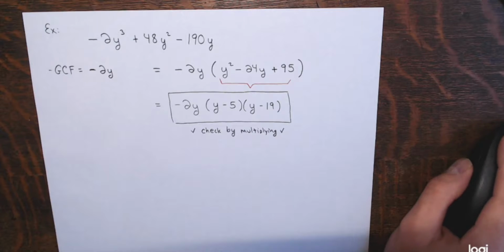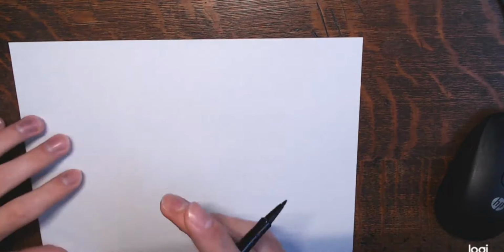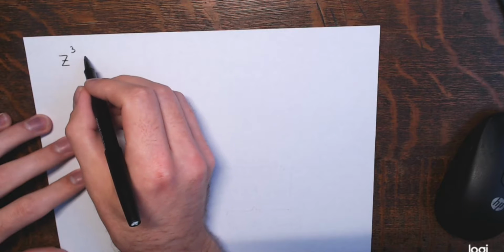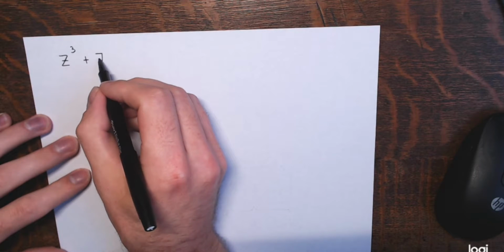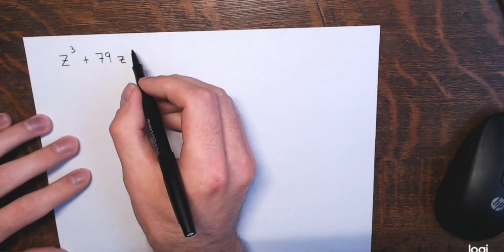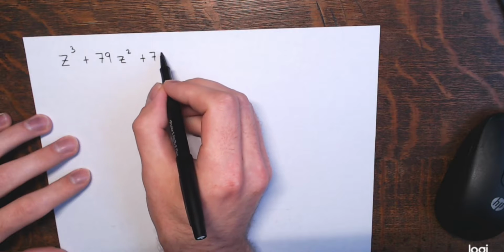Alright, so I'll write this one out. So we're asked to factor z cubed plus 79z squared plus 78z.